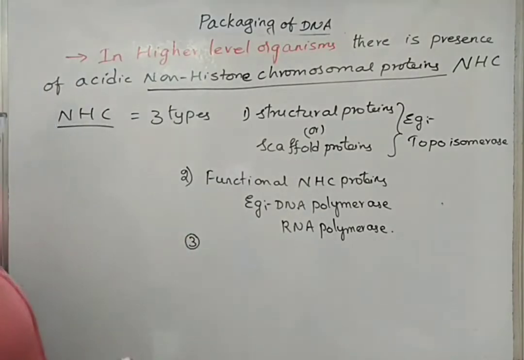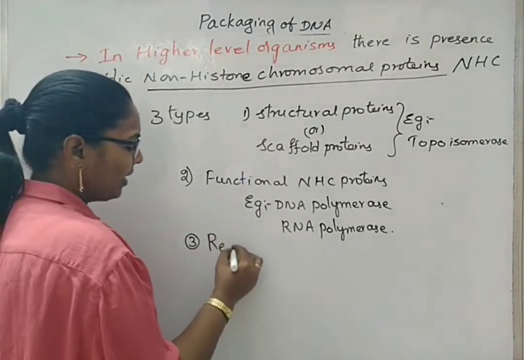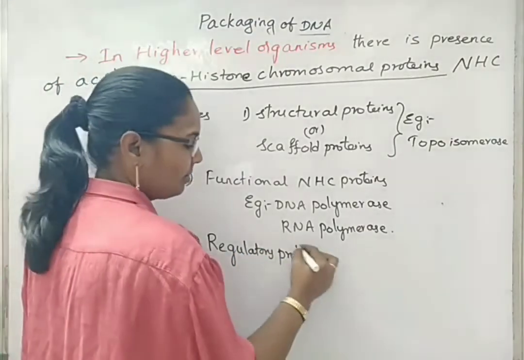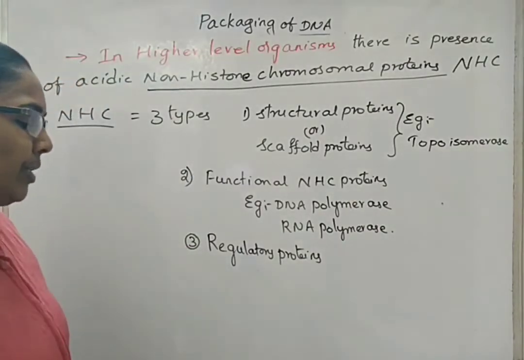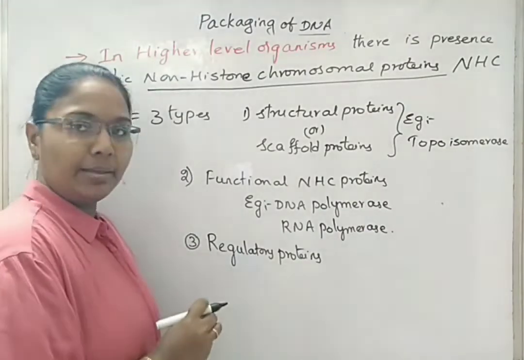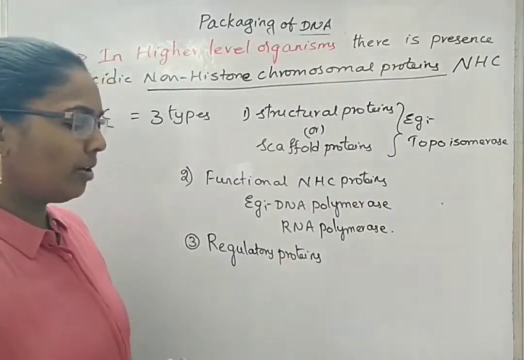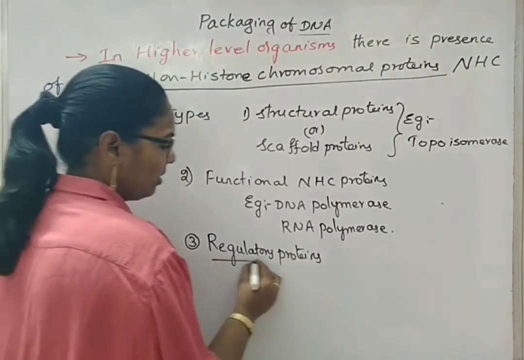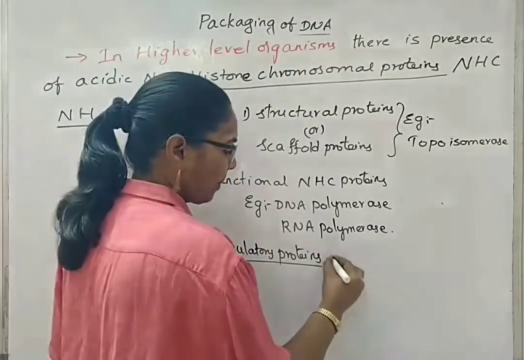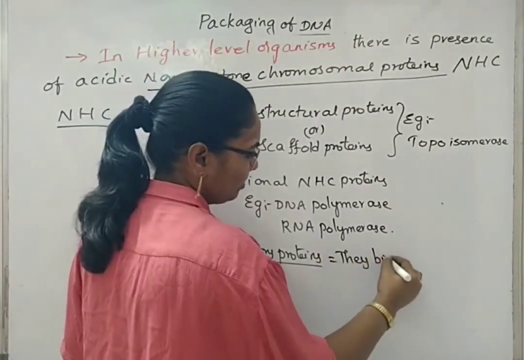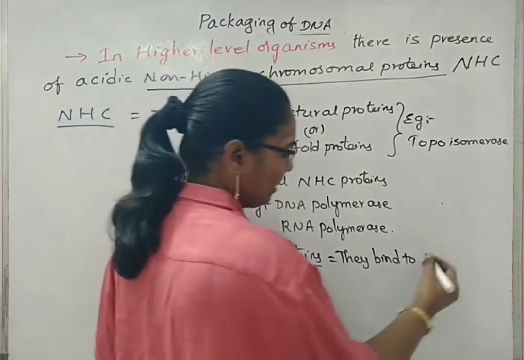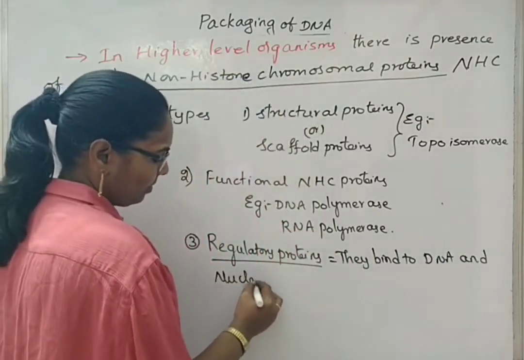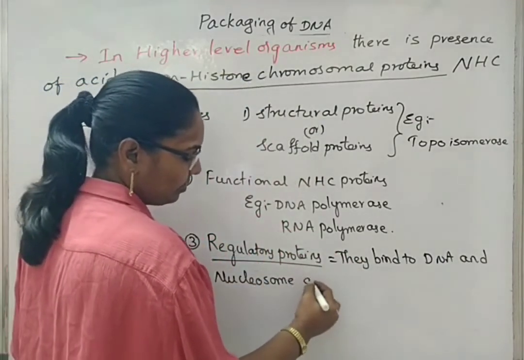Other type of non-histone chromosomal proteins are regulatory proteins. The function of these regulatory proteins is that they bind with DNA and nucleosomes and change the complete structure of the concerned genetic material.